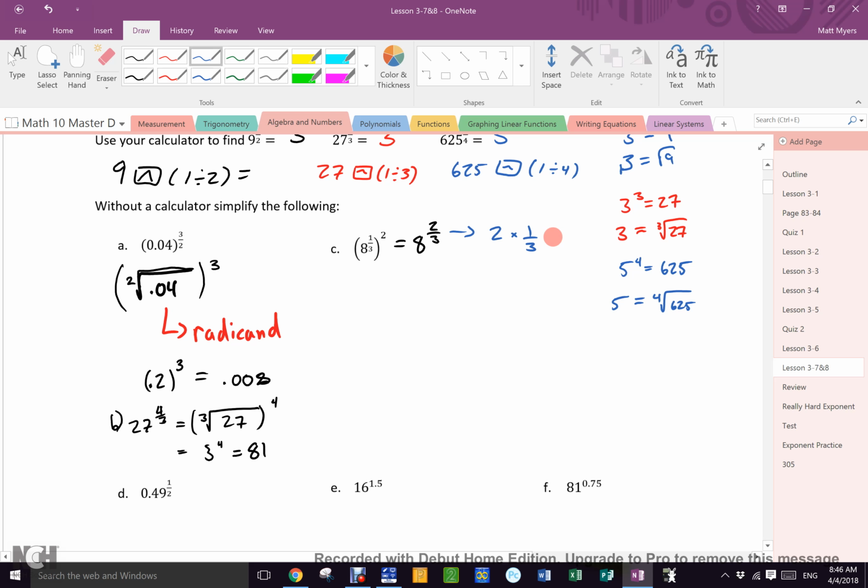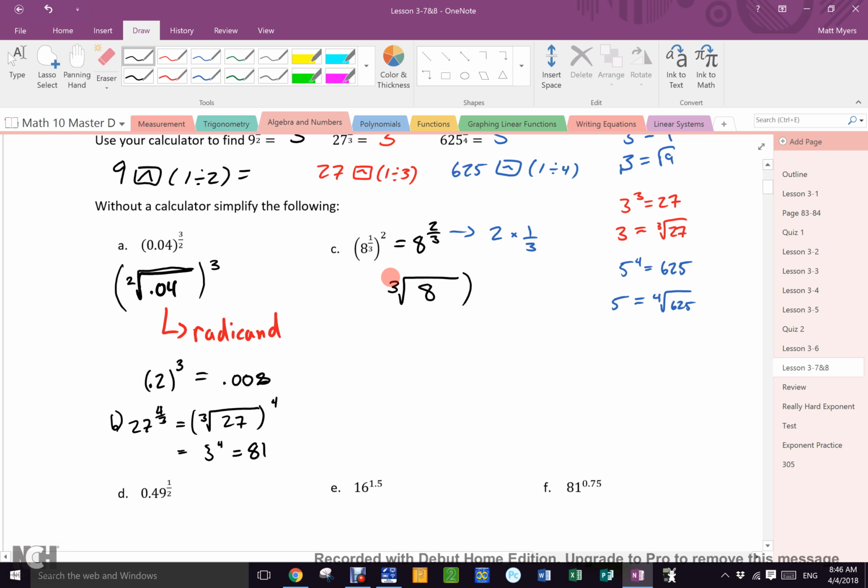Everybody cool? Now again, what happens to the denominator? Index. What happens to the base? Becomes the radicand.